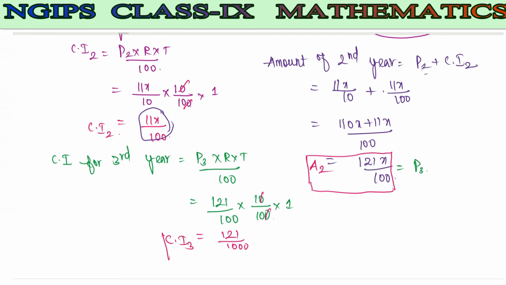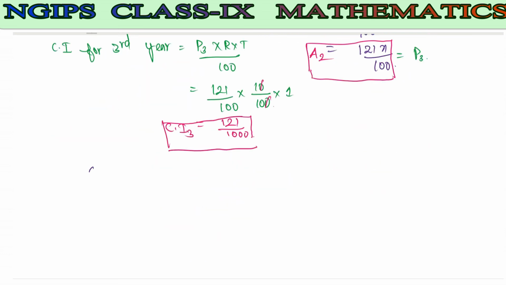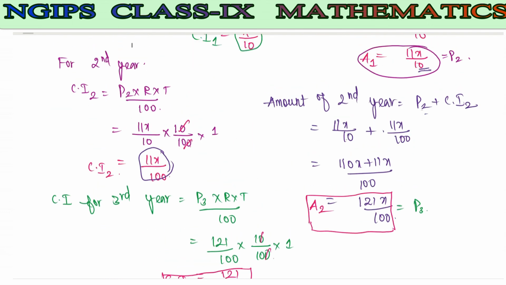Actually the given condition is that the third year compound interest, if you subtract the first year compound interest, gives the value 252 rupees. Now the third year compound interest is 121 divided by 1000, minus the first year compound interest.